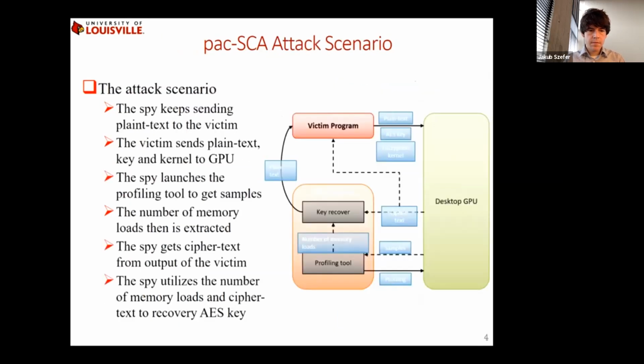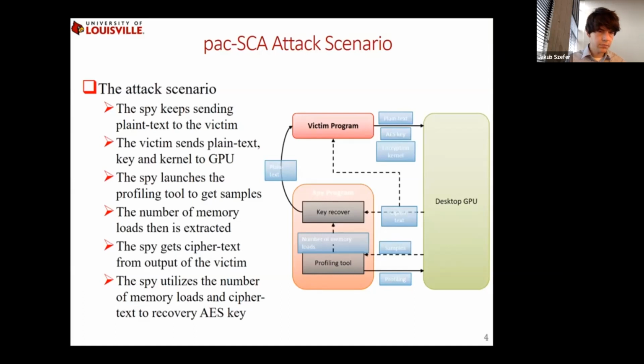And this is the attacking scenario we have assumed in this project. We assume that the spy program and the victim program run on the same computer. The spy program can keep sending plain text to the victim, and the victim will send plain text, key and kernel to the GPU.